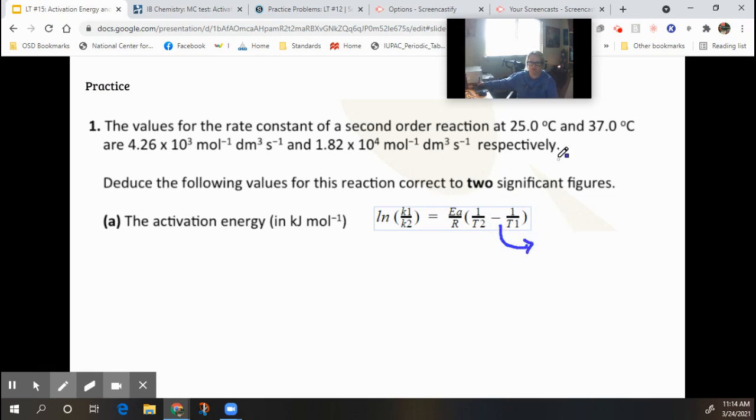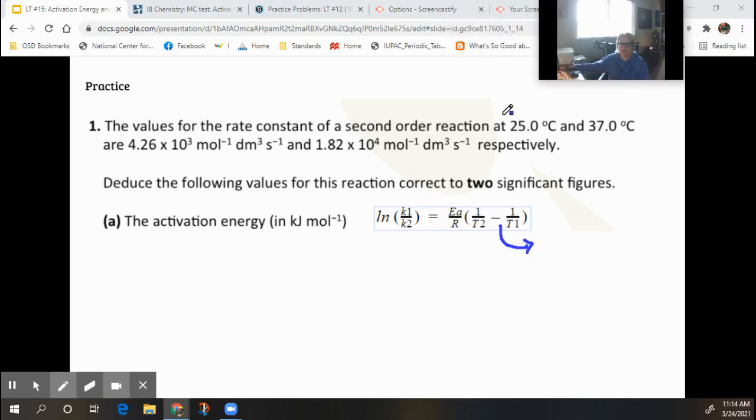So the first thing I'm going to do is remember that I've got to change my degrees Celsius to Kelvins. To do that, I add 273. So I'm going to have a temperature of 298 here, and a temperature of 310 here.